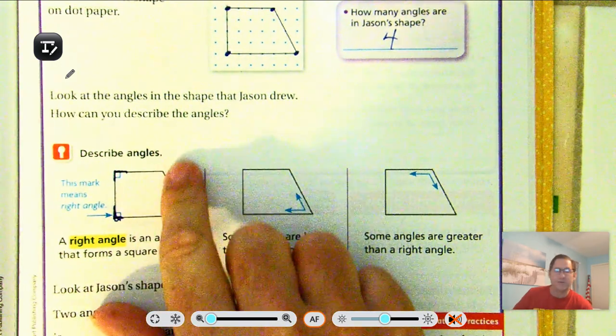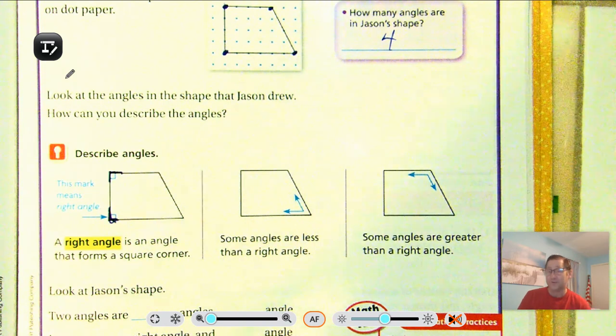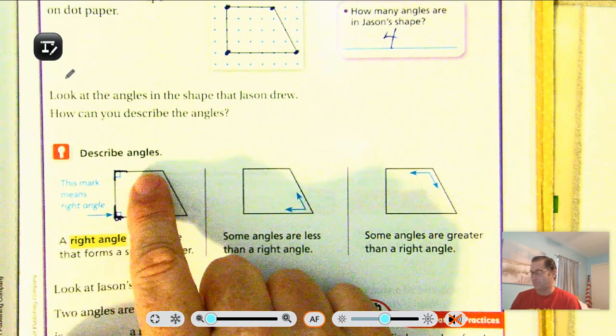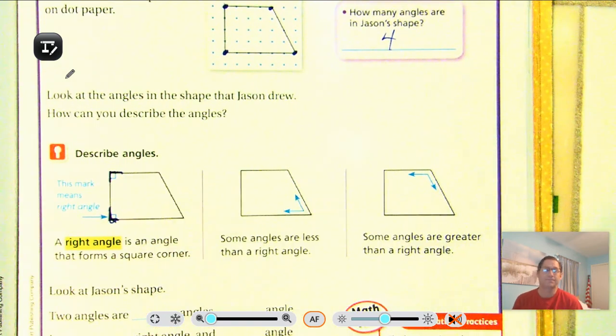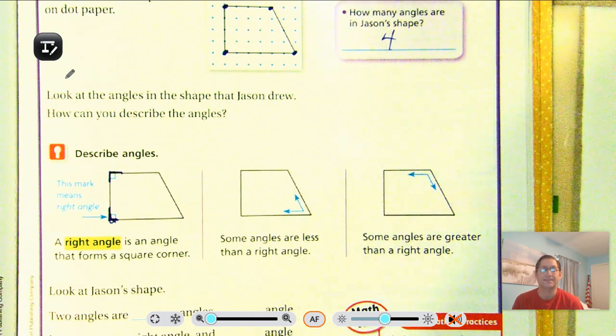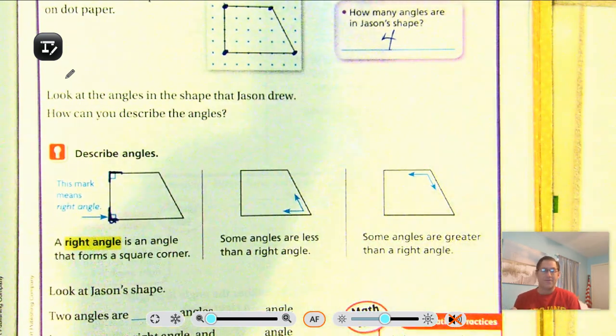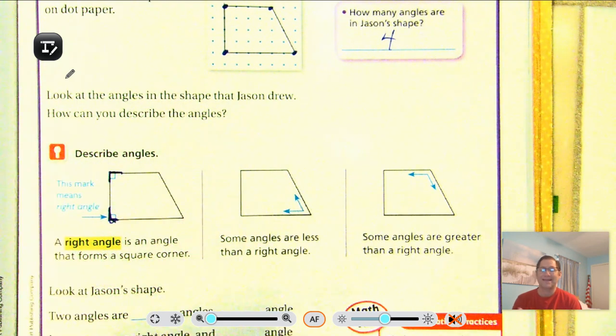Will it always be in your drawings? In the third grade, yes. As you advance into math, the blue square is not always there. Okay, but we can use some tools to help us to decide if it's a square corner or not. All right, and then some angles are closer together, and we call those less than a right angle.